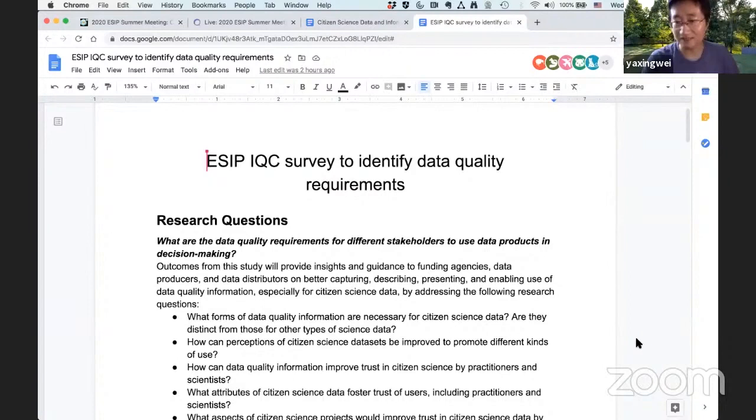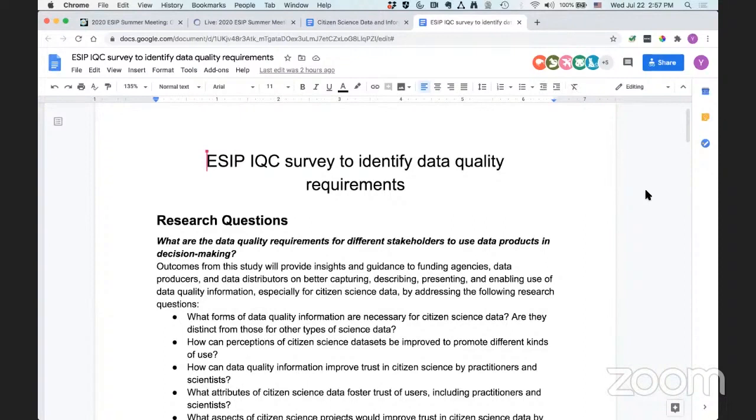Bob, if you don't mind. Bob is taking notes. Yes, sure, I will oversee the note taking. I'll be glad to. Okay, great. Thank you. You're very welcome.